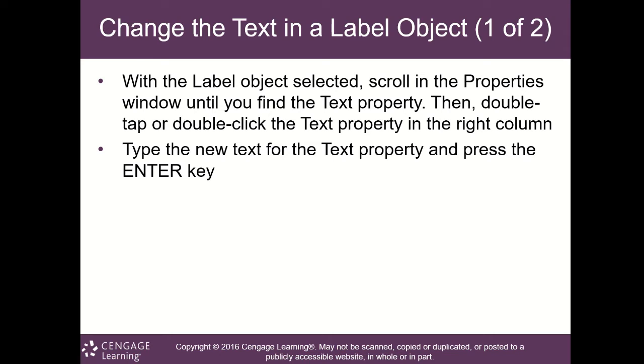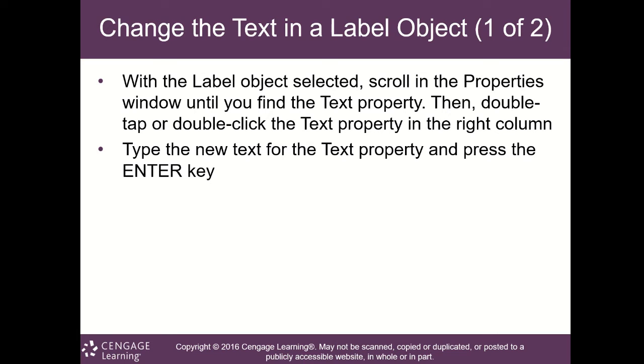In this slide, we are describing how to change the text in a label object. When you select the label object, you scroll in the properties window until you find the text property. At that point, you double tap or double click on the text property in the right column, and that will give you the opportunity to enter the new text.